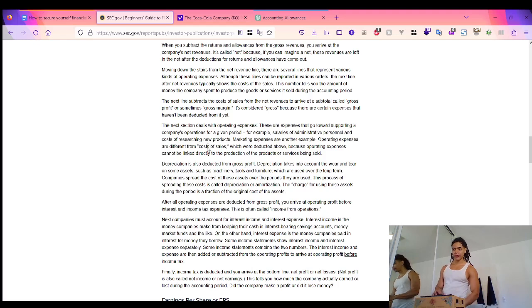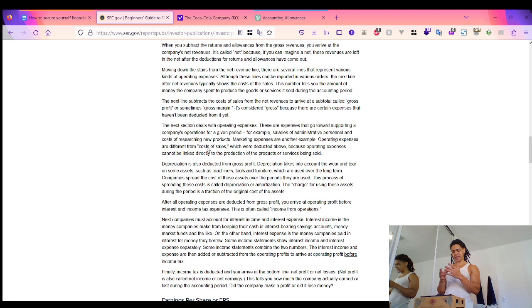Okay, so after the gross profit, the next section deals with operating expense, expense that goes towards supporting the company operations, such as salaries, researching new products, marketing.